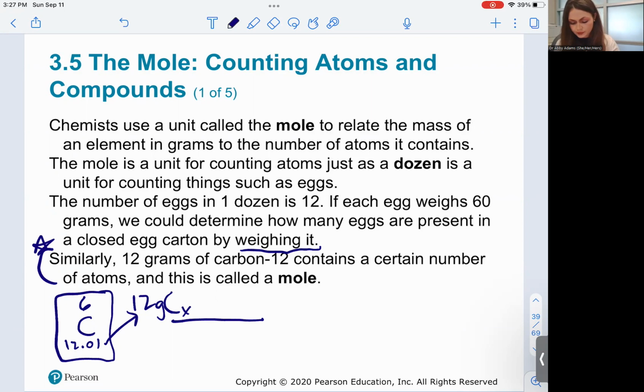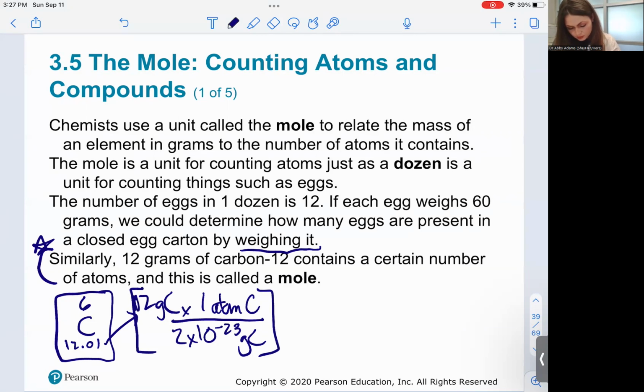So basically, we have 12 grams of carbon, and in one atom of carbon, how many grams would one weigh? We know this. There's a scientist who came up with an equation to help us better understand what's in a mole, or how we can relay this in an easier way than counting individual atoms.